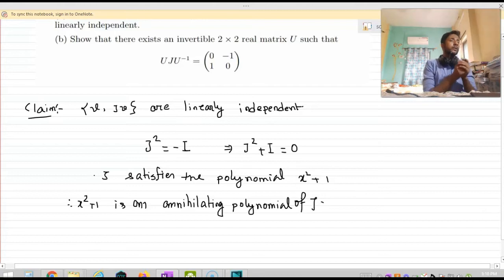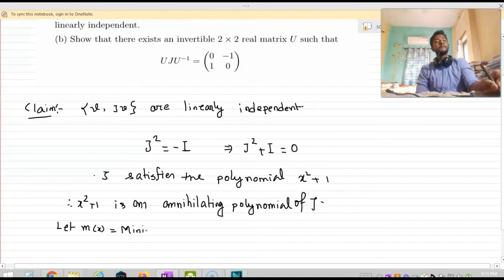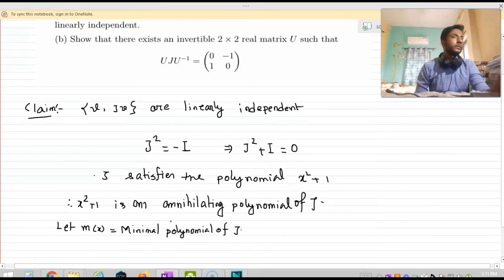If x square plus 1 is an annihilating polynomial of J, let us consider the minimal polynomial of J. Let m(x) be the minimal polynomial of J. We know that the minimal polynomial divides any annihilating polynomial.